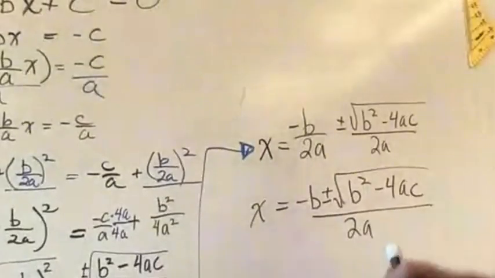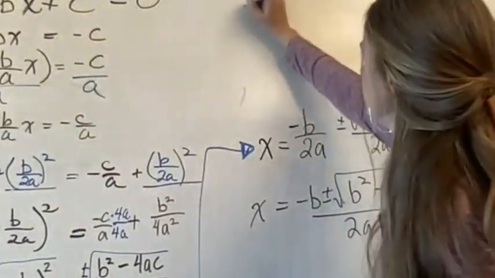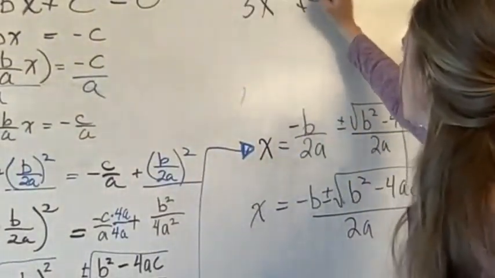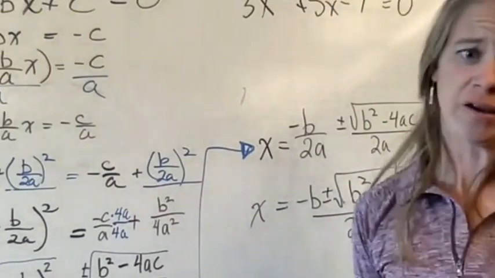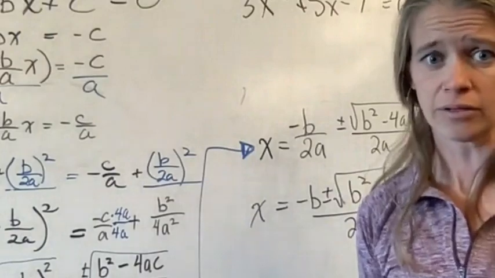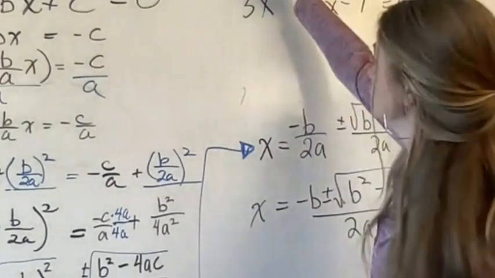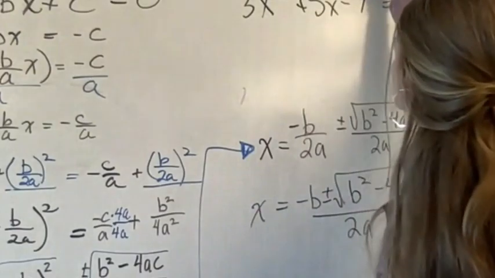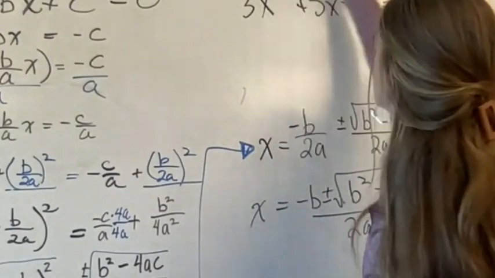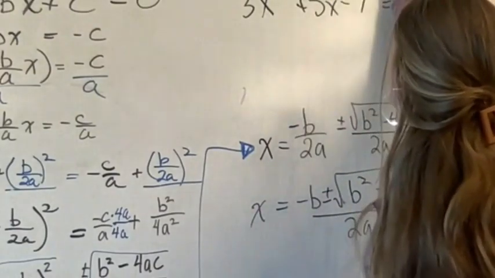Now when they give you some nasty thing and they say 3x squared plus 5x minus 7 equals 0, and they say solve for x, and you're like, oh, this looks terrible. It's okay. You just say this is your a, this is your b, this is your c. Now a would be 3, b would be 5, and c would be negative 7.